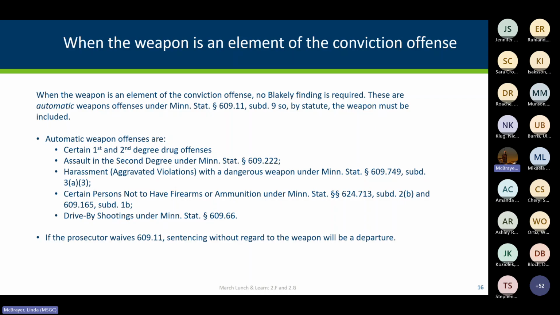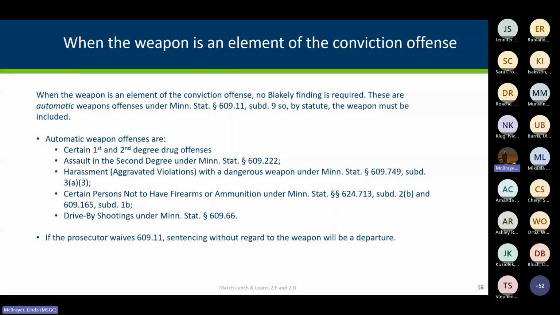So one of the ways to recognize that they might not be considering that is if there is no 609.11 in the complaint. I think that would probably be the first indication that there was no intention of doing a weapon for that offense and going to the finding stage.